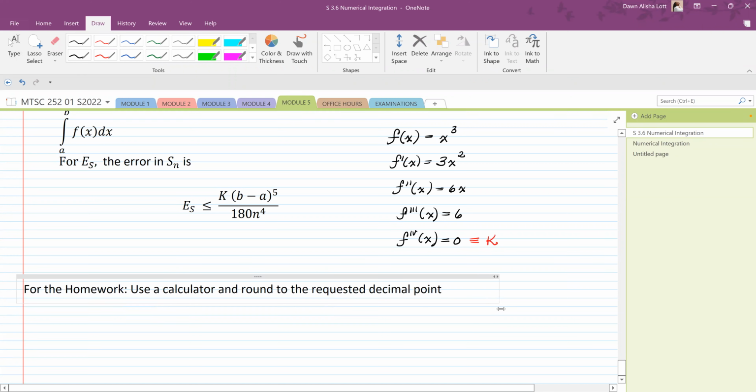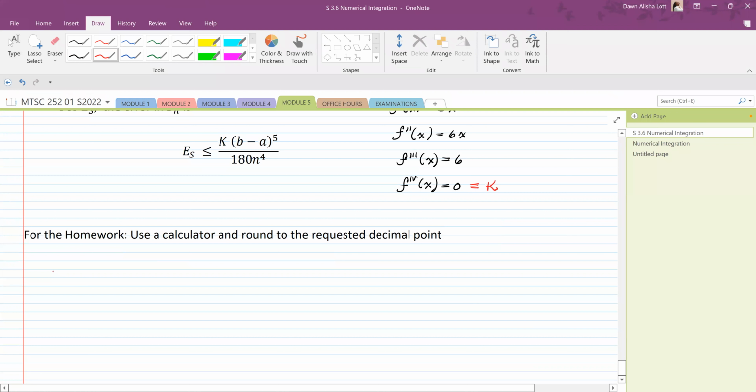The homework will give you something like: find or estimate the integral from 0 to pi of the cosine of x squared dx. So it'll give you something like that.